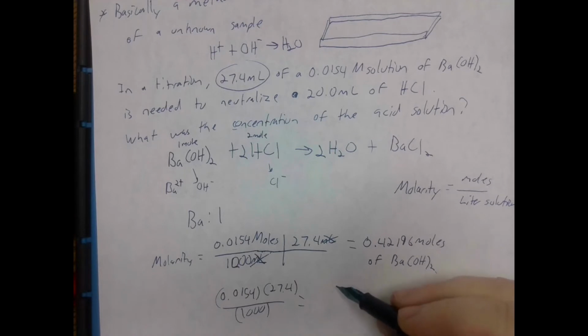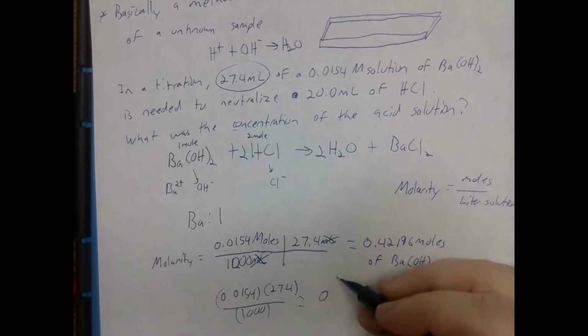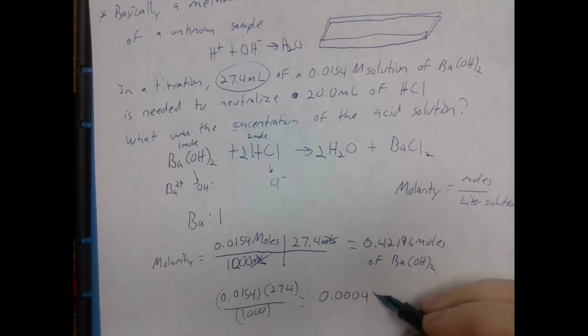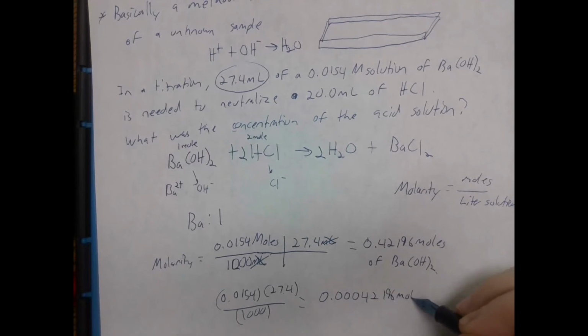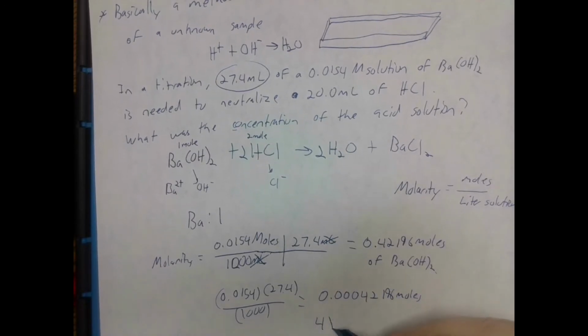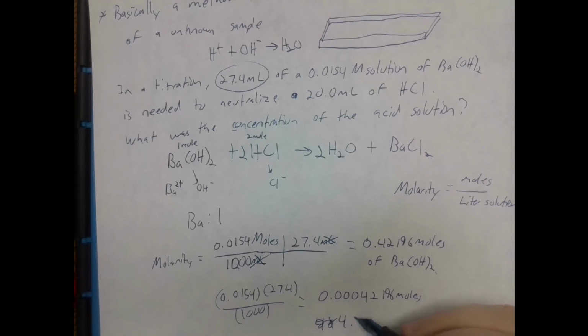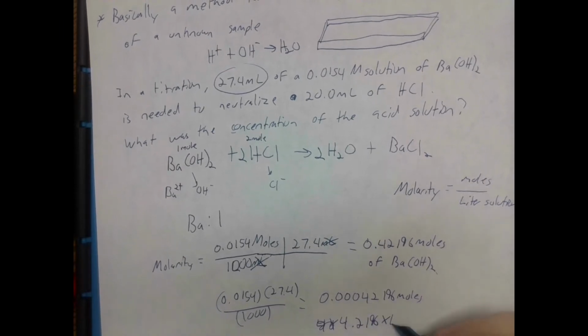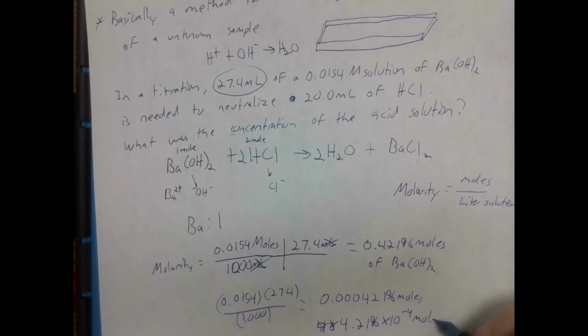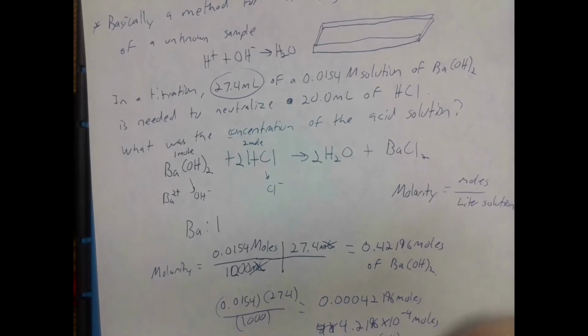That gives us, I just moved the places over, 0.0004296 moles. Or 4.2196 times 10 to the negative 4 moles of barium hydroxide.